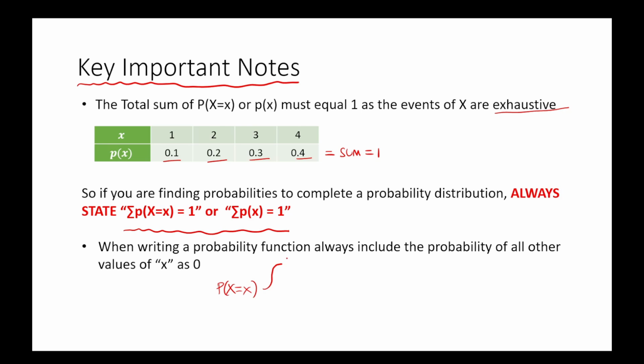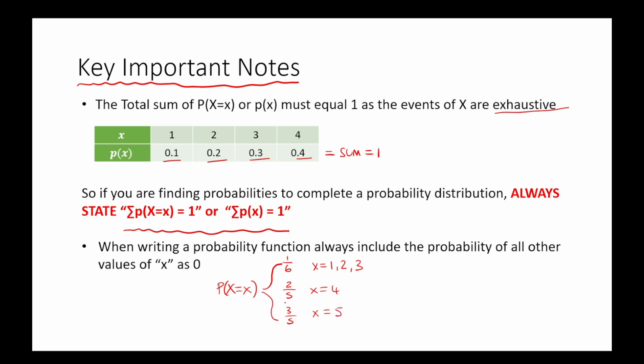So let's say I had x over 6, and that's going to be when x equals 1, 2, and 3. Then I could have a function where, and again, you don't always have to have a function, you could just have probabilities. So here then I've got a probability of, let's go for 2/5, and let's go for 3/5, in which x could equal 4 and x equals 5.